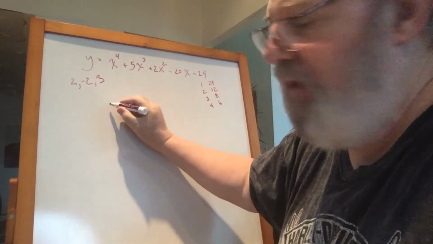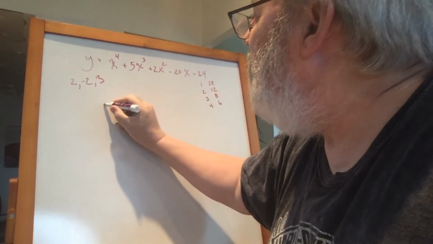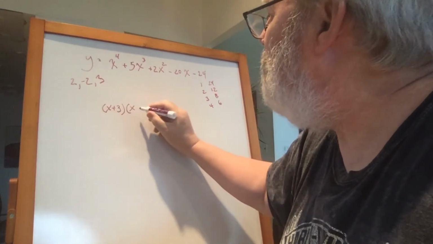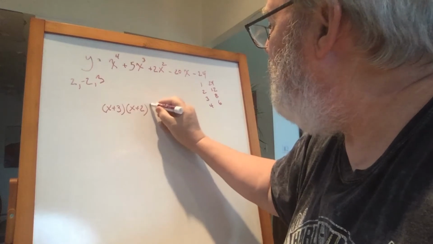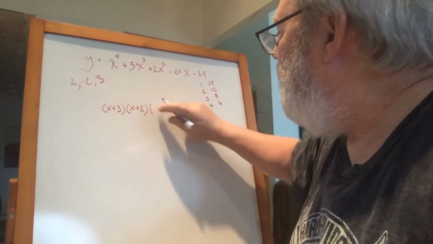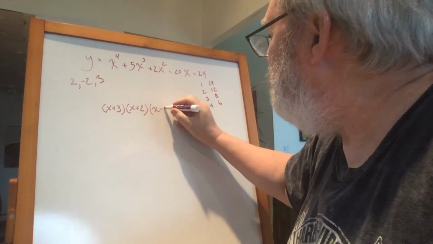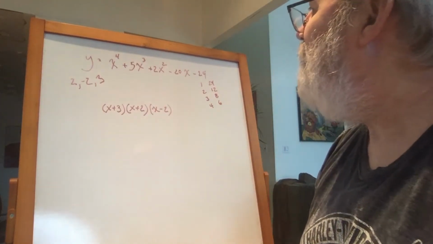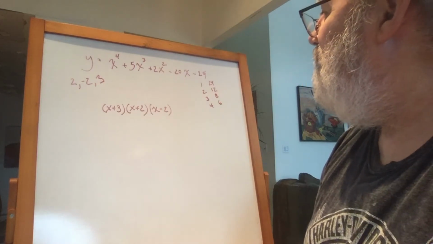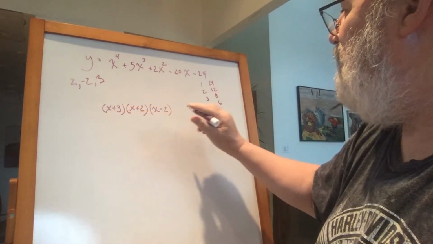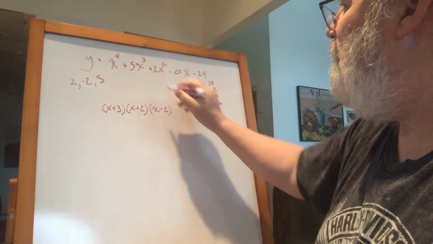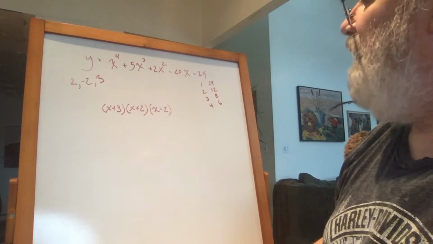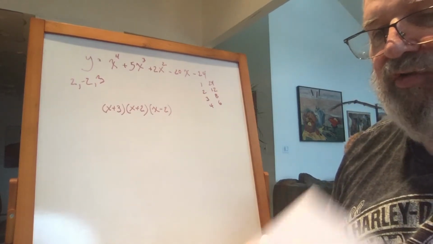Let's take a look. We've got x plus 3 times x plus 2 and x minus 2, but that's problematic because that only gives us a third order. We don't get x to the fourth out of that, so there must be one more term. And what is that term?